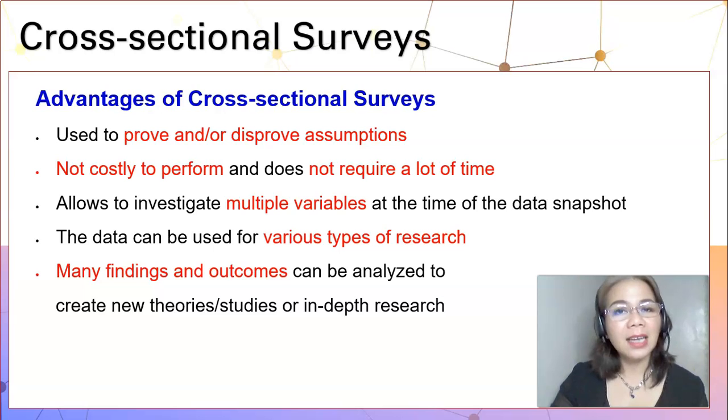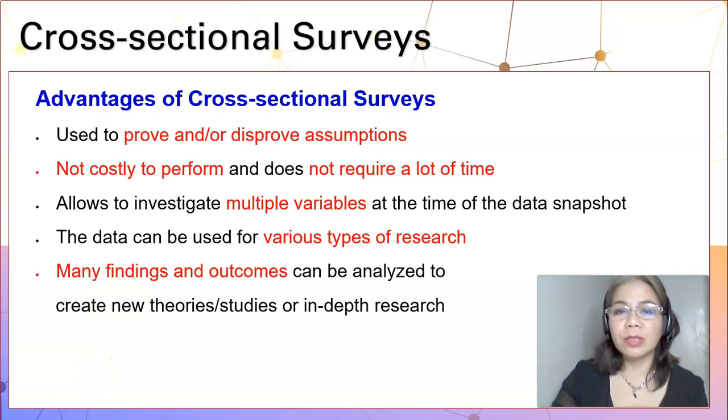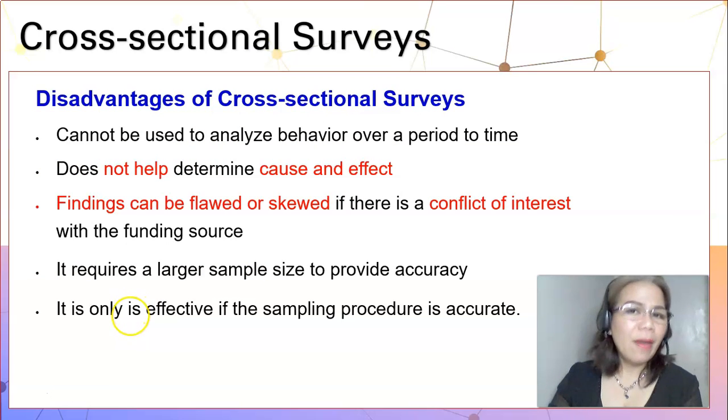And the data that has been gathered in a cross-sectional survey can be used for different types of research. Many findings and outcomes can be analyzed to create new theories or studies or to support another theory or another study.